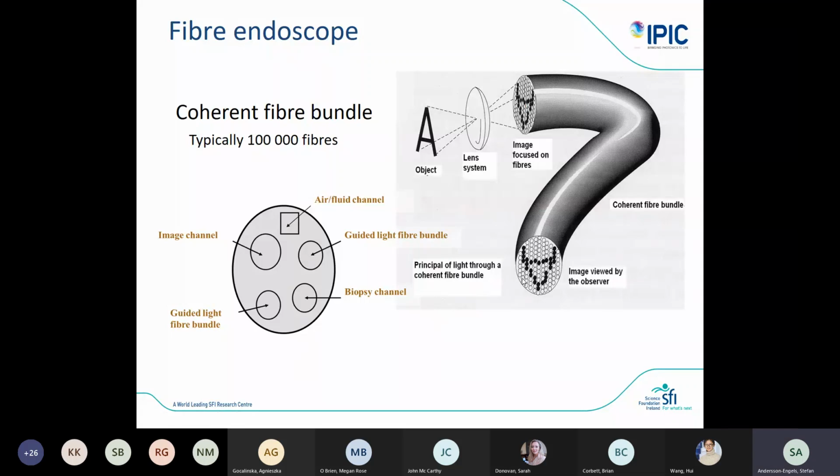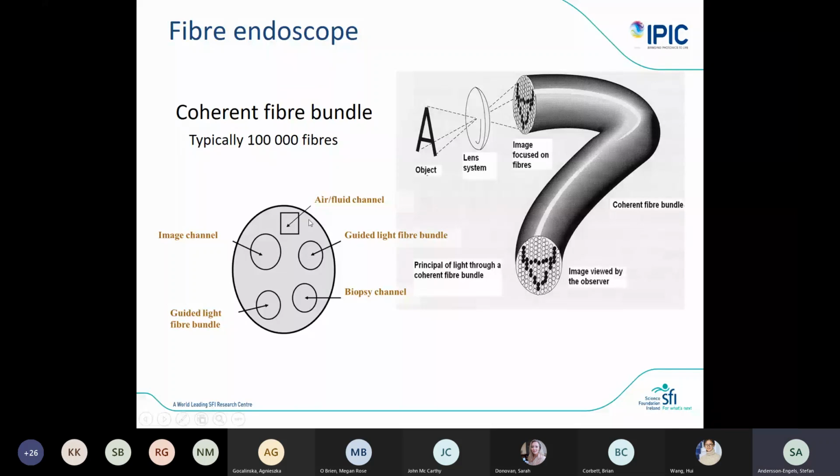This is how endoscopes have been used for a long, long time. You have an imaging channel here, you have an open channel where you can put in instruments, and you have illumination channels here.